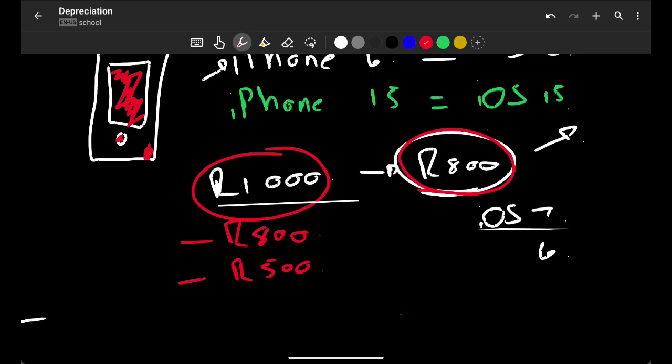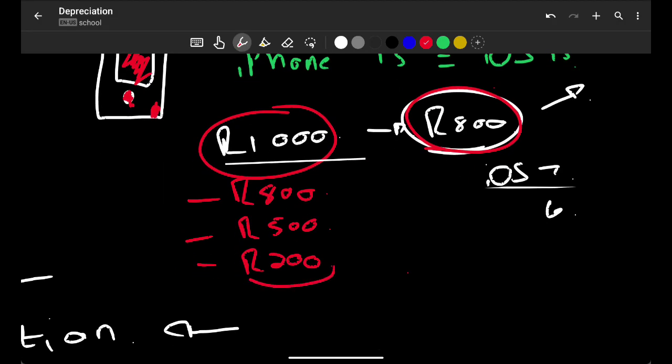Then the fingerprint sensor does not work anymore. Now the phone is worth 200 rand. Right? This is wear and tear. While you're using your phone, it is breaking, it is chipping, you're dropping it, it is getting outdated. All these things are happening to the phone, which are decreasing the value of the phone.